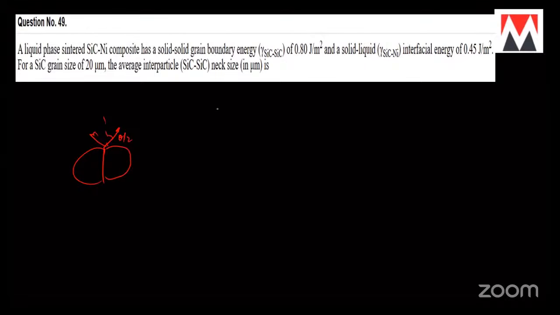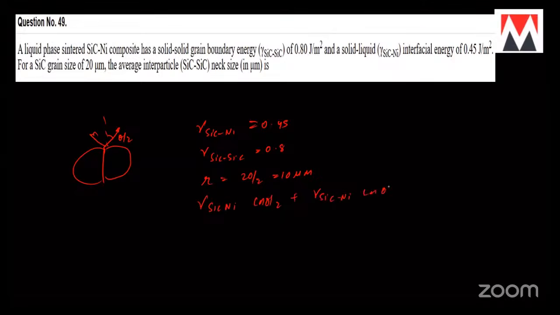You need to understand that gamma SiC-nickel is 0.45, gamma SiC is 0.8, and your radius is 20 by 2, equal to 10 micrometer. So gamma SiC-nickel cos theta by 2 plus gamma SiC-nickel cos theta by 2 is equal to gamma SiC.